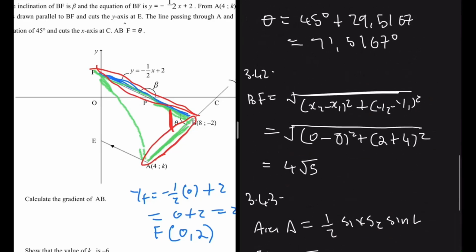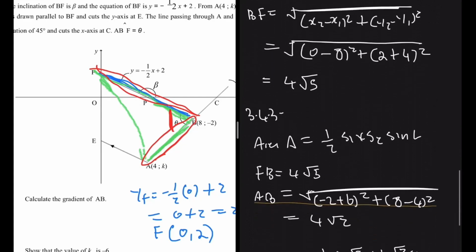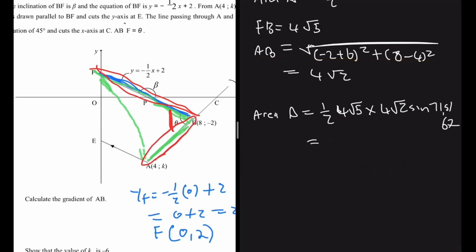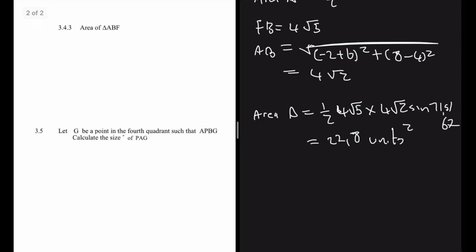The sandwiched theta, and we just deduced that the angle theta is 71.5167. So we have sine of 71.5167. When I do that, I get 22.8 units squared, right? Because it's an area. And then let's move forward and do 3.5.